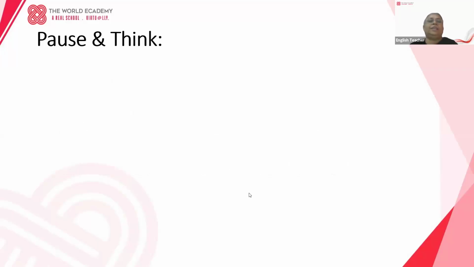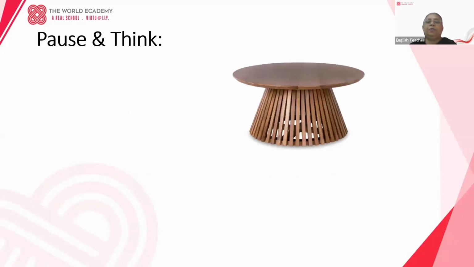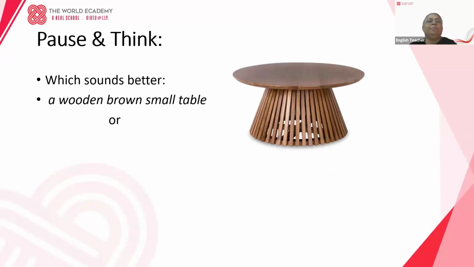Okay, let's check it out. There's going to come a picture in front of you. Just observe it. It's a table, a small table, a wooden table. Now tell me, I'm going to give you two options. Are you going to say a wooden brown small table?